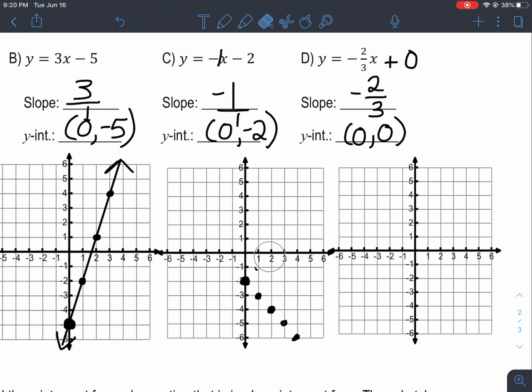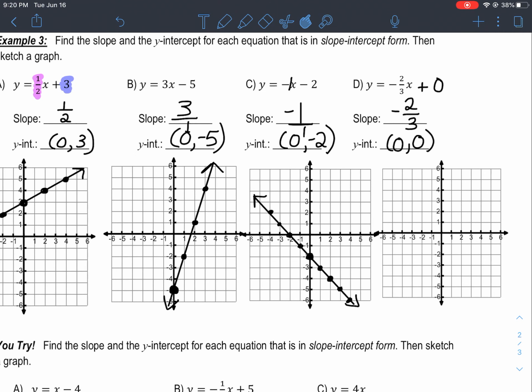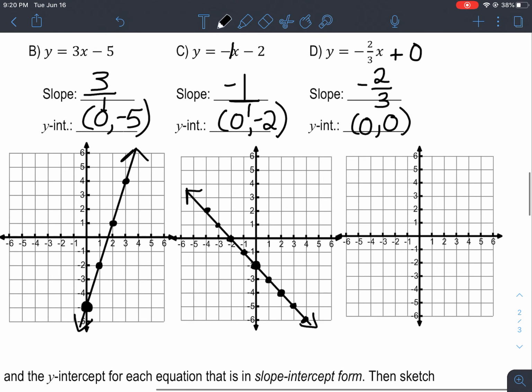Well, we know this graph is the graph of a line. It's linear, so it should be a line. That's one way to check that you're plotting them right. Okay, and now it's just a matter of connecting all these points. And that one makes sense. It should be going down from left to right because it's a negative slope.